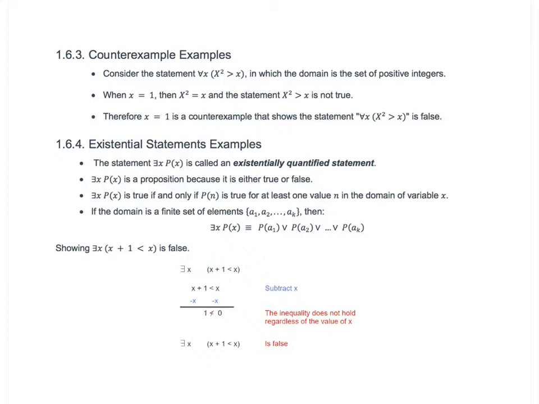So that's the definition of an existential statement, and how and when we can say an existentially quantified statement is true.